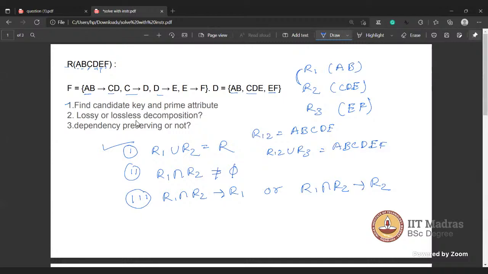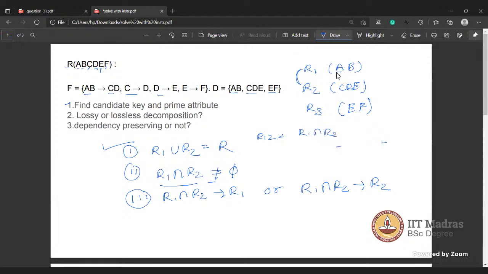Then we have to see the next condition, R1 intersection R2, that there exists some common attribute. So let's take R1 intersection R2.